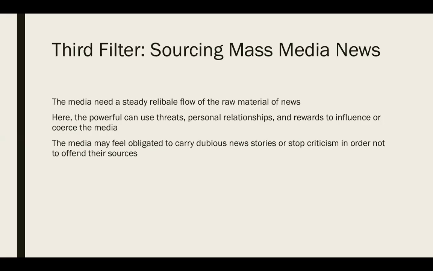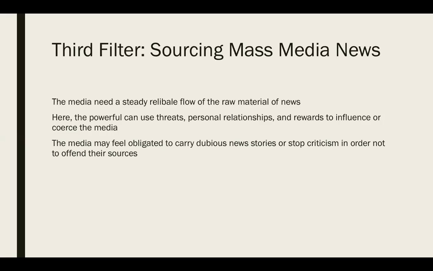So that is what Herman and Chomsky mean by the filter of source, which means journalists do not produce information themselves. They actually gather information from different sources, and sometimes those sources can affect journalists.